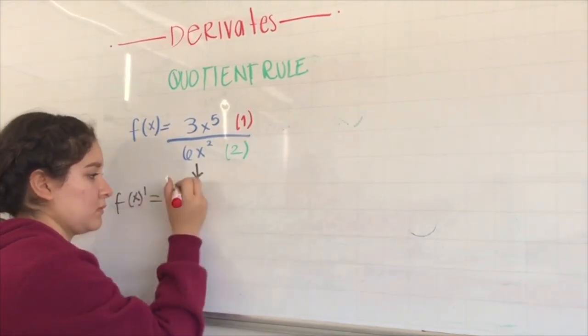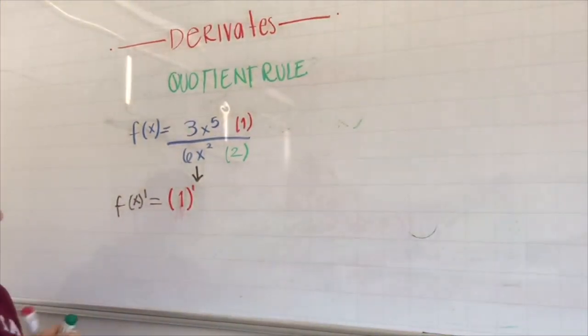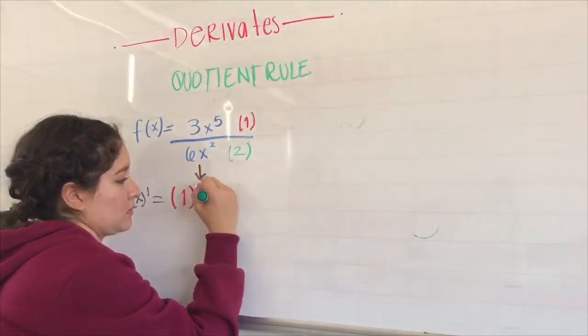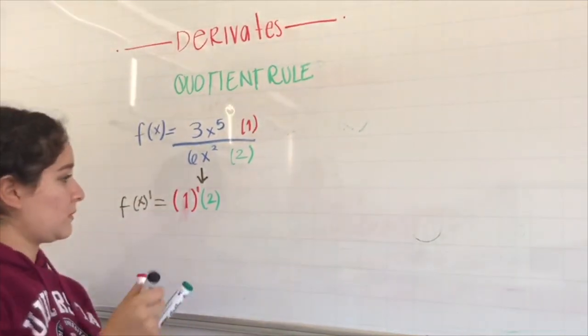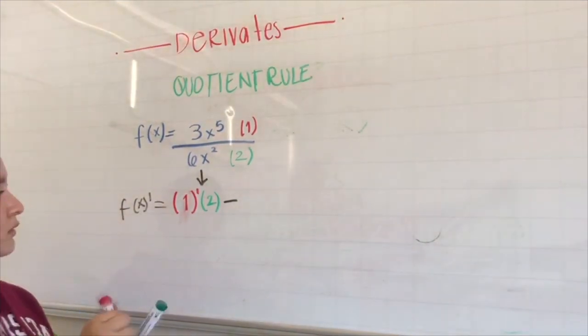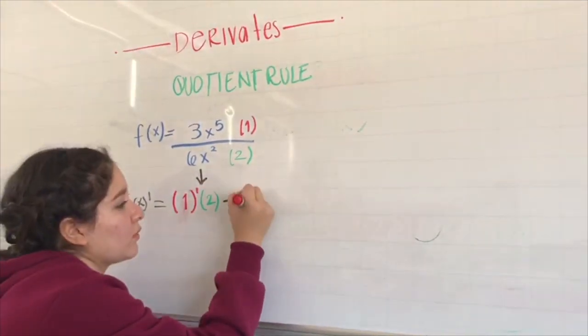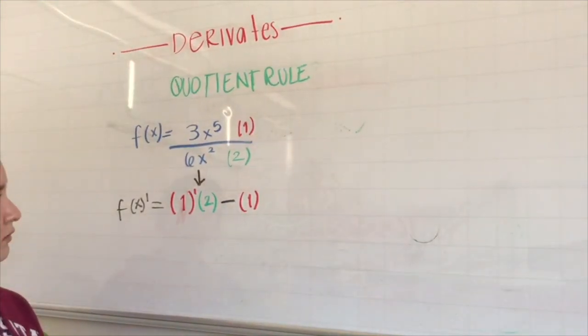So yes, you derive the first one and multiply it by the second one, but in difference with the product rule, you're not going to add it up, you're going to subtract it. So you put the minus sign and then, as normal, you put the first one multiplied by the derivative of the second one.